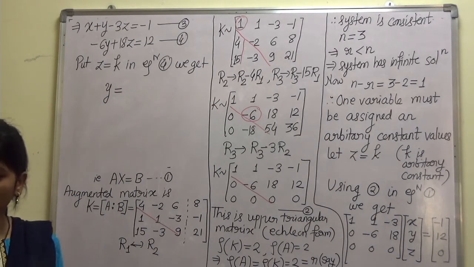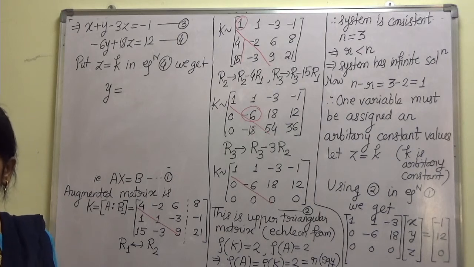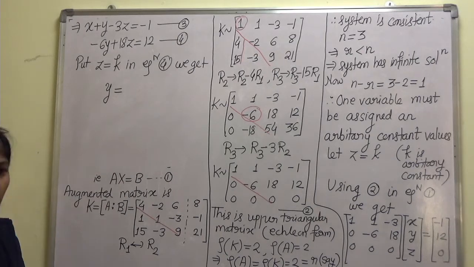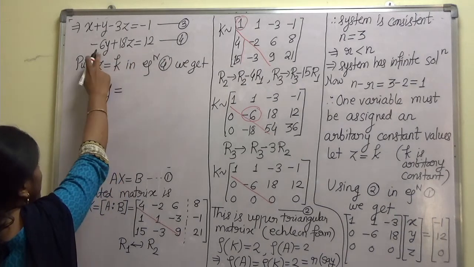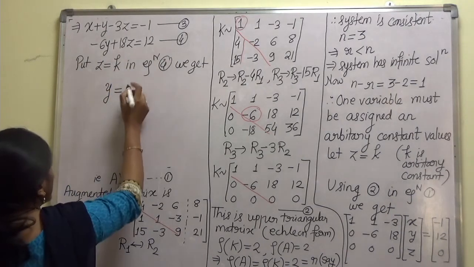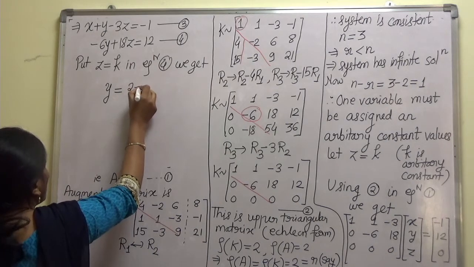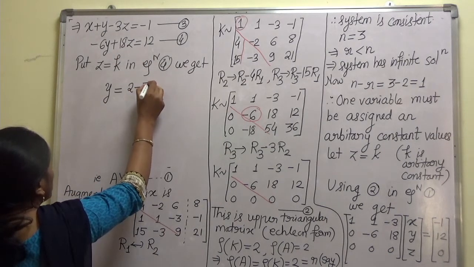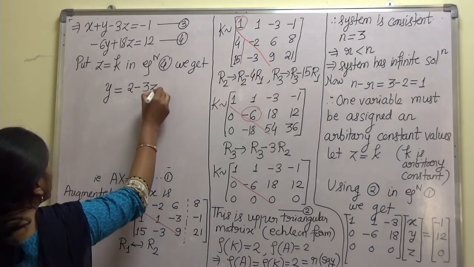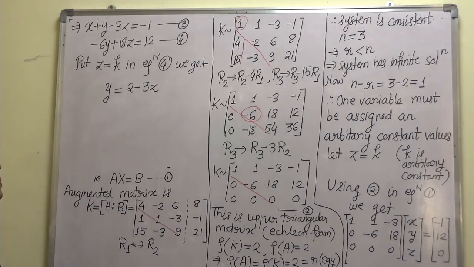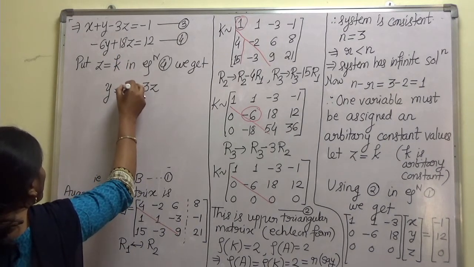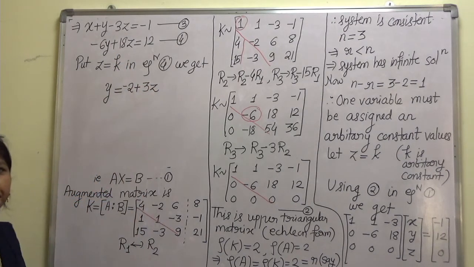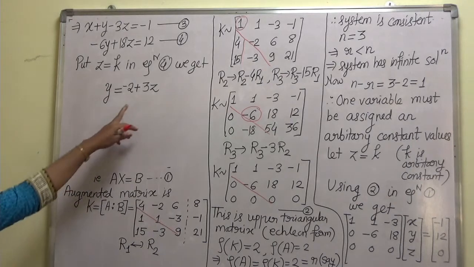So you will get y equal to, simplify, divide by 6. Here it is 12, that is 2, minus 3z, so the value of y will be minus 2 plus 3z.